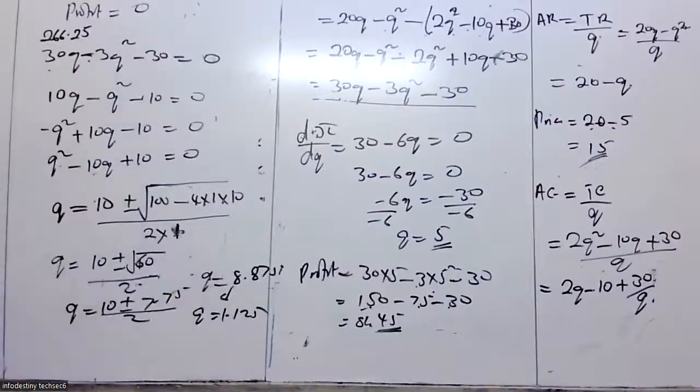Square this one again, then you multiply by 3, and take 266.25 minus that.